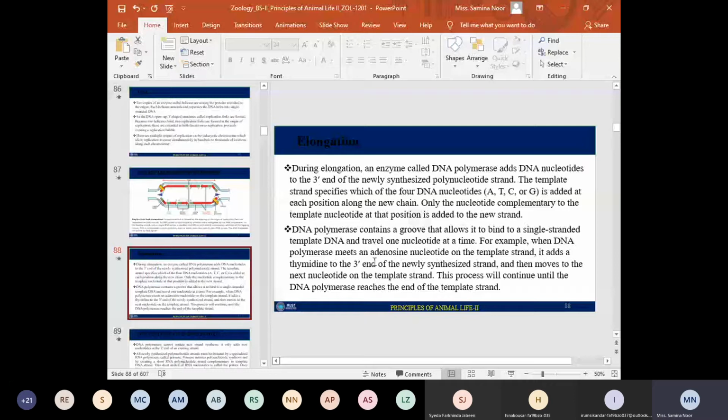So elongation is marked by the addition of nucleotides, and this is carried out by the enzyme known as DNA polymerase.